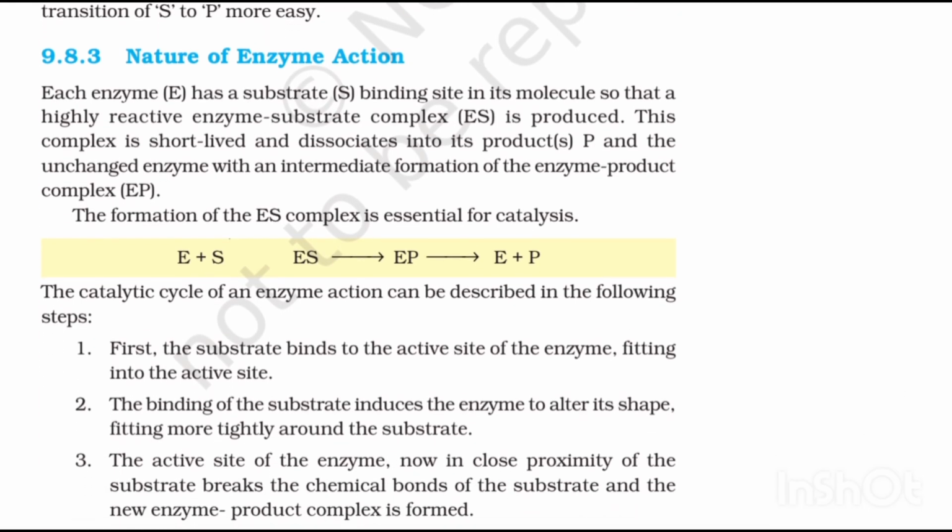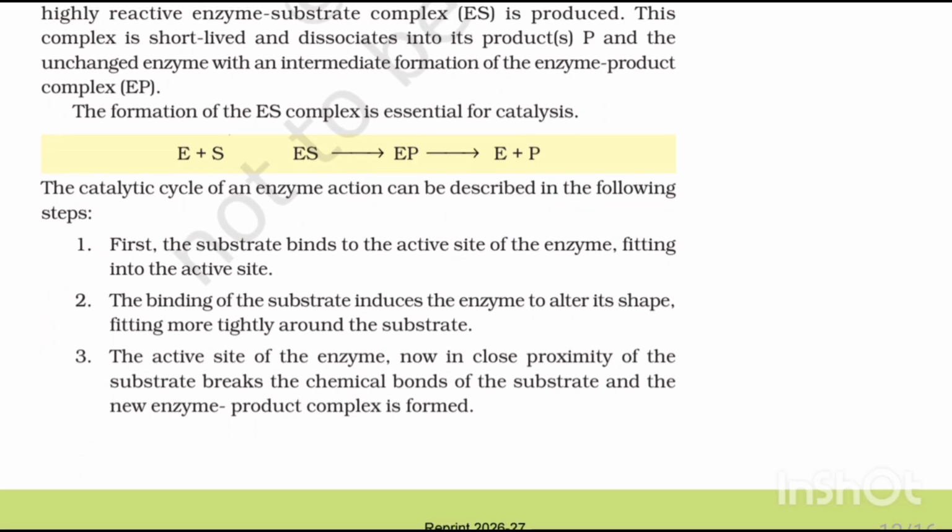The catalytic cycle of an enzyme action can be described in the following steps. Step 1: the substrate binds to the active site of the enzyme, fitting into the active site. Step 2: the binding of the substrate induces the enzyme to alter its shape, fitting more tightly around the substrate.